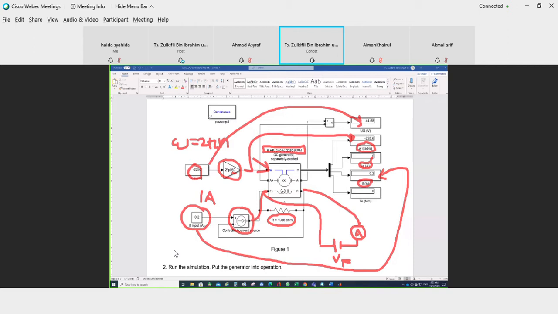Sebab dekat sini that voltage kat sini akan berubah. Tapi you need to put very high resistance lah. Sebab kita nakkan yang 0.2 ni terus ke sini. Kita tak nak ada sedikit current passes through this resistor, parallel resistor. So kita nak semua. So you put as high as possible. So saya letak 10 mega ohm, sufficient lah.